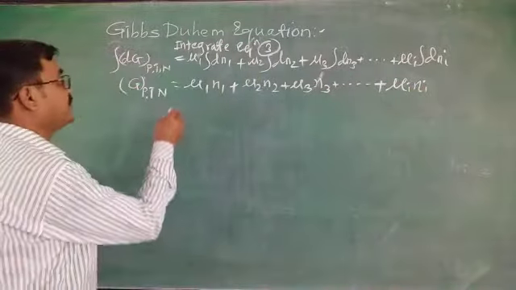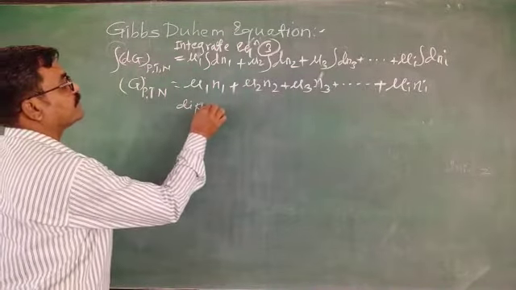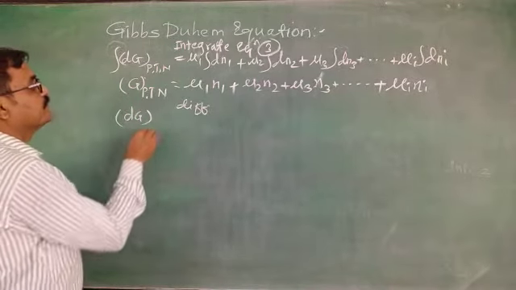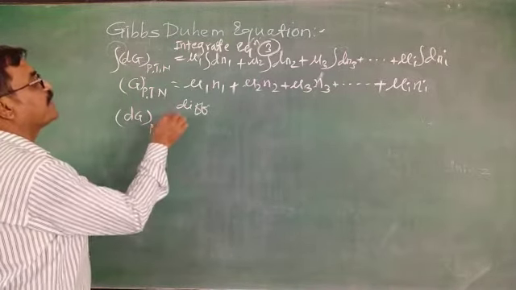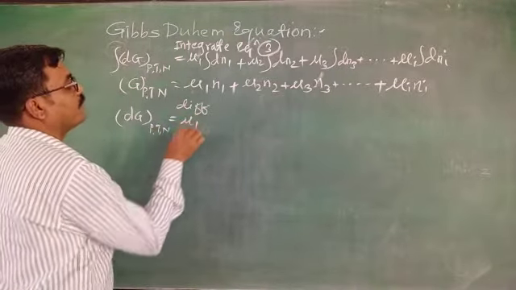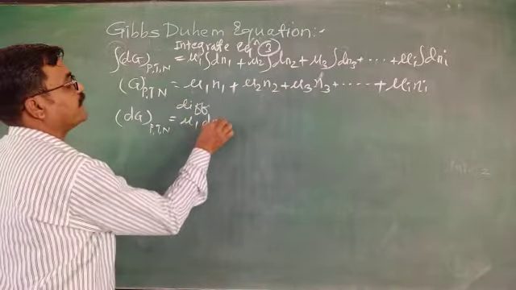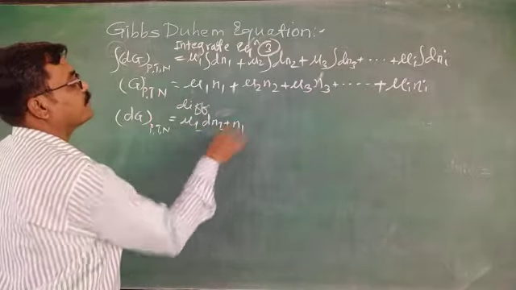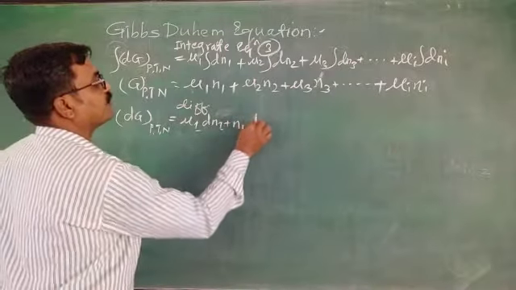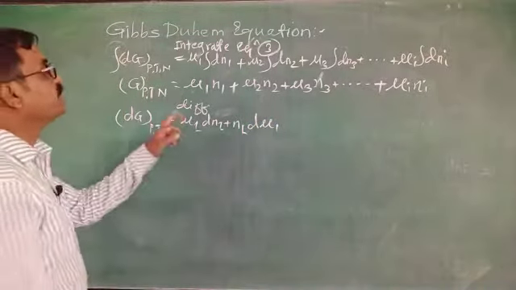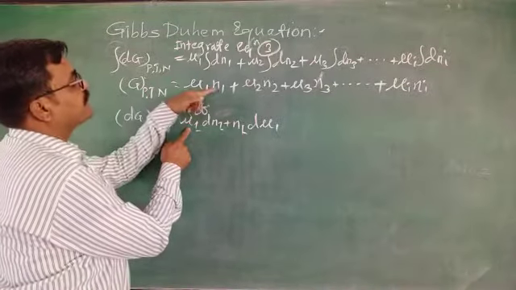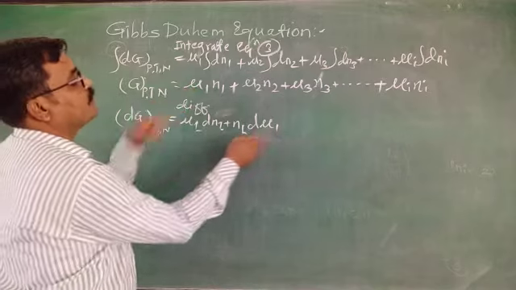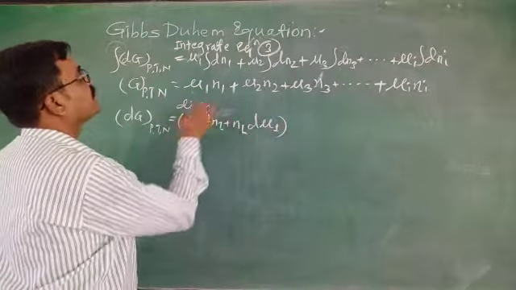Now again differentiate G at constant pressure, temperature and n. First function mu1, derivative of second dn1. Now second function, derivative of first function. Why is it so? First function mu1 times derivative of second dn1, plus second function n1 times derivative of first d mu1. This is the first term.